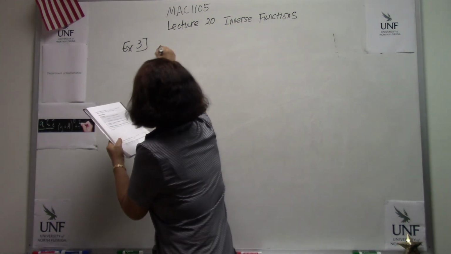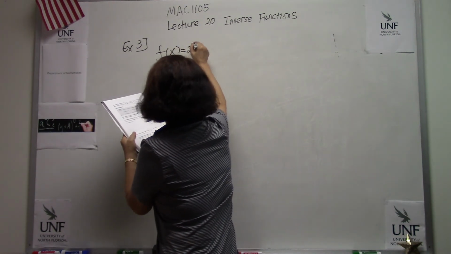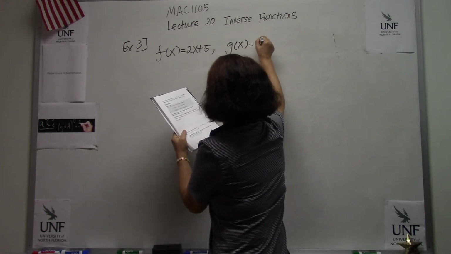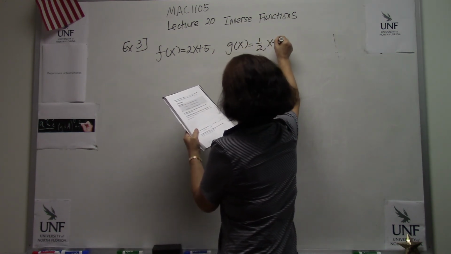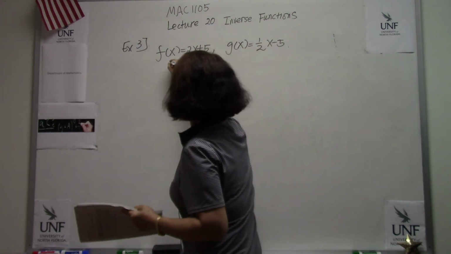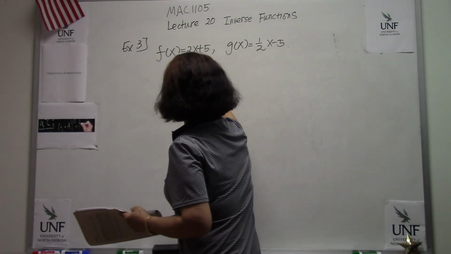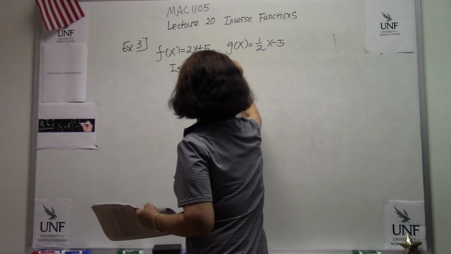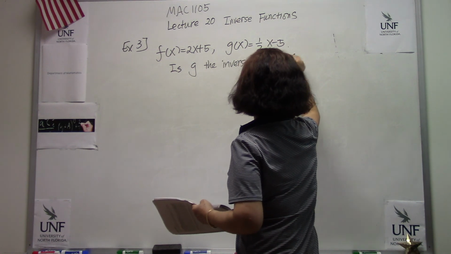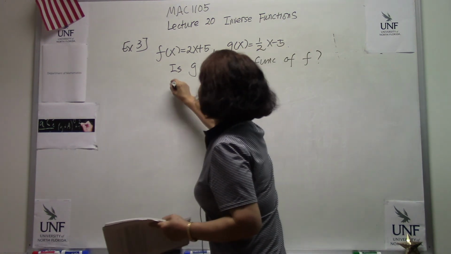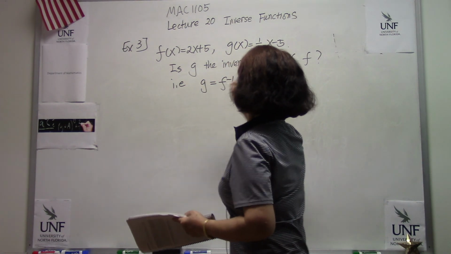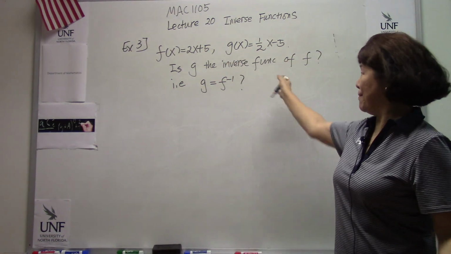Okay, so f of x equals 2x plus 5 and g of x equals 1/2 x minus 5. Okay, is g the inverse function of f? That is, is g equal to f inverse?